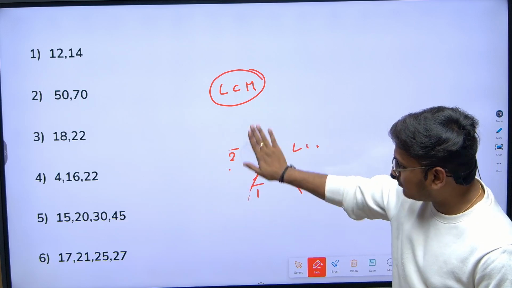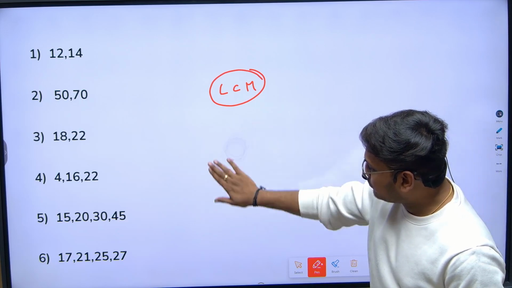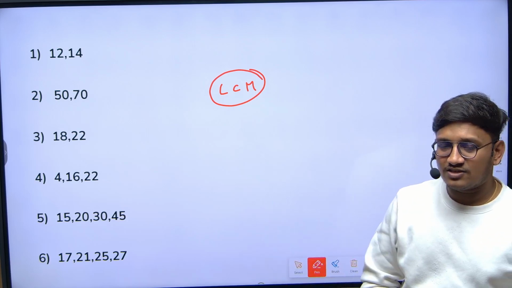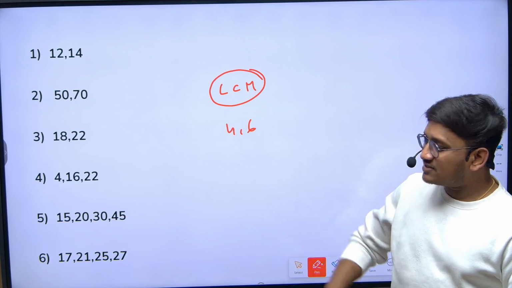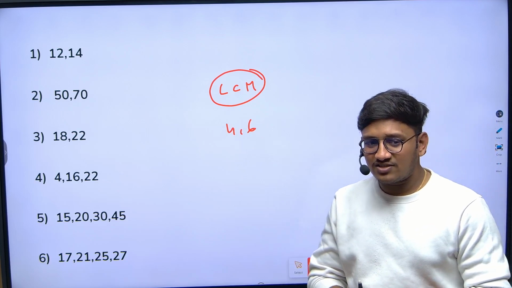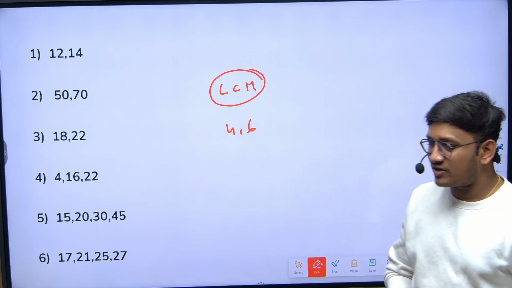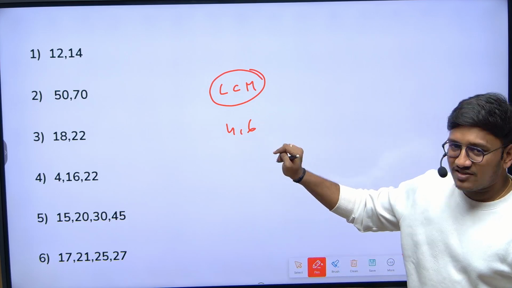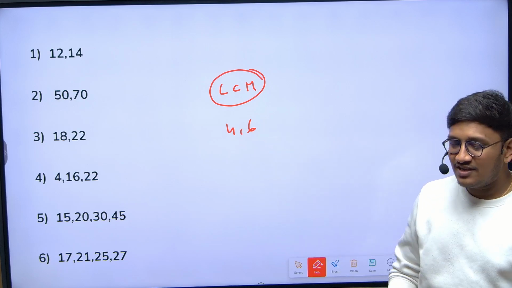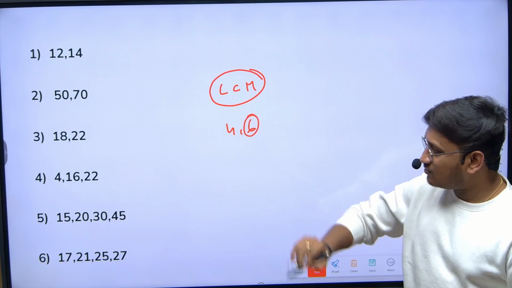We can directly say the answer for any values. How? What is the process? Very simple. Always remember, I already said it in the class on time and work. LCM for any numbers should be the highest number in the list or a multiple of that highest number. What is the highest number of 4 and 6? It is 6.